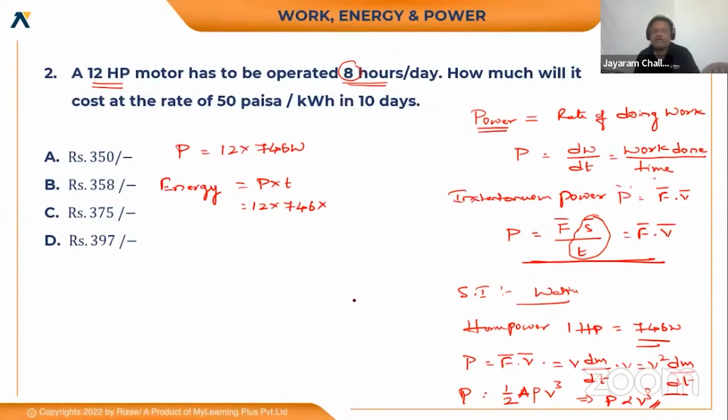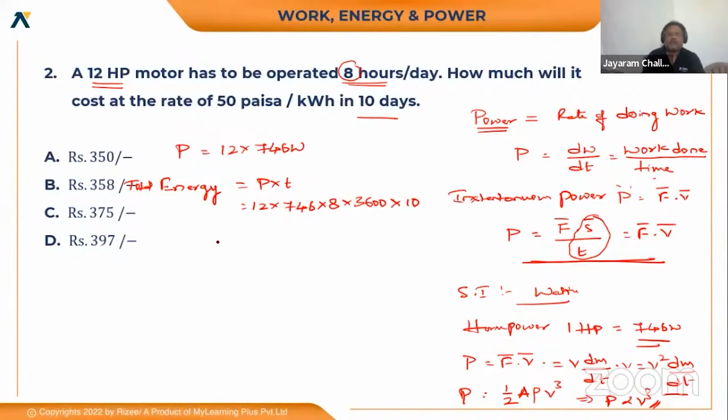Can we convert the 8 hours into seconds here? So 8 hours means 8 into 3600. How many days are you using? 10 days. So this is the total energy that is being utilized.